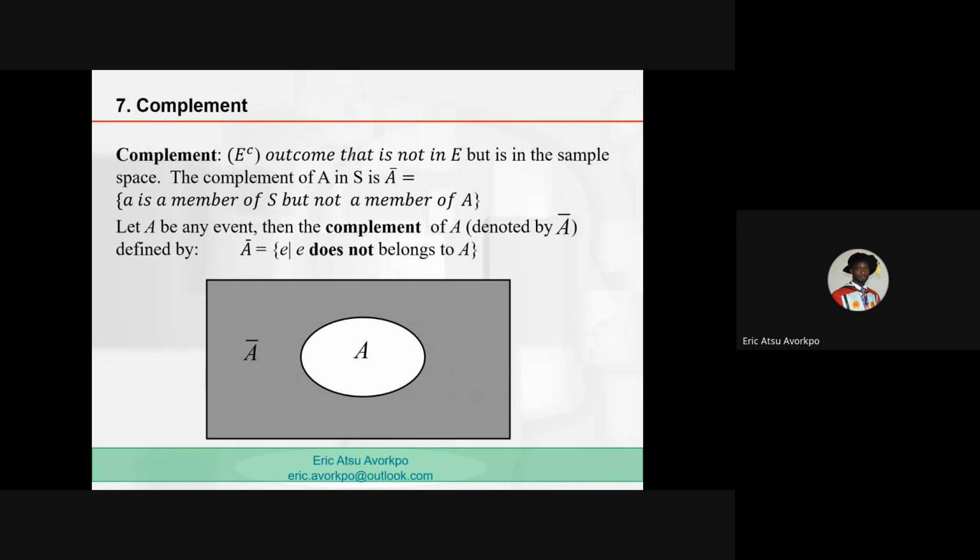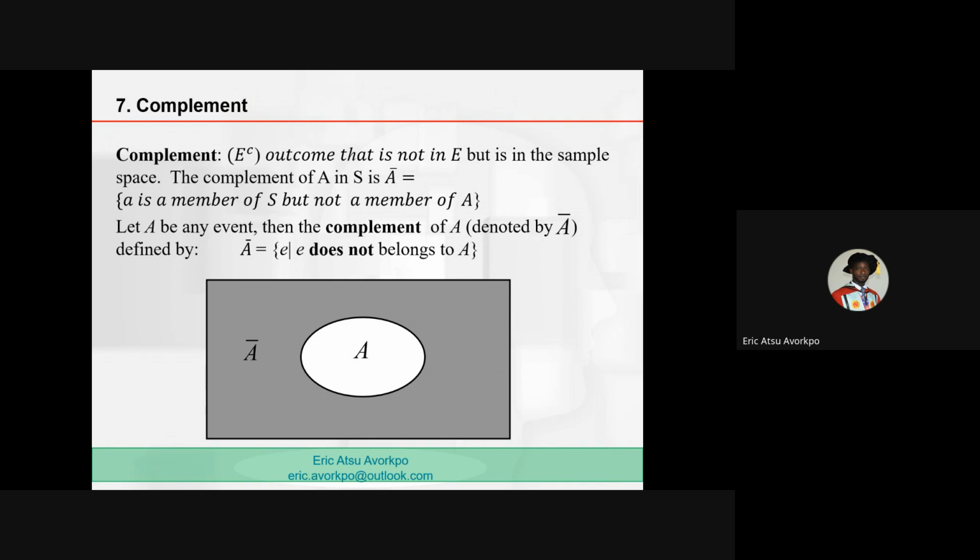If you are writing a complement of a set, the set raised to the power C, then it means we are saying complement. Now, what then is the complement of a set? We are saying that it is the outcome that is not in E, but in the sample space. So if you have a sample space to be 1, 2, 3, 4, 5, 6 for a die that we will throw, then we are saying that the outcome is not in E, but is in the sample space.